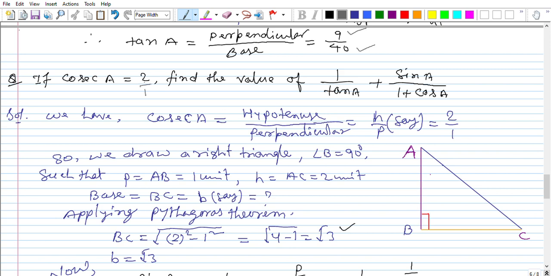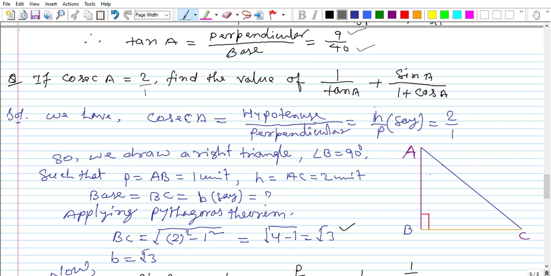That means 1 is your perpendicular. So in the solution we will write cosec equal to hypotenuse by perpendicular equal to h by p. It is easy to solve, no? When we write the full words hypotenuse and perpendicular, it will take time.